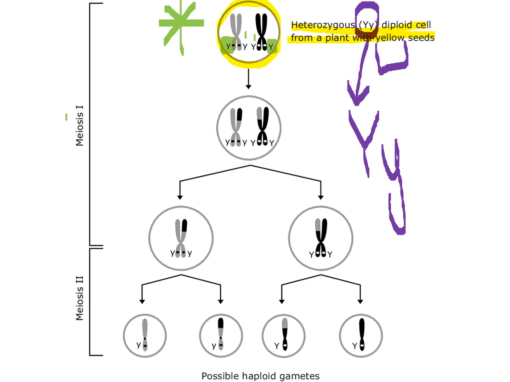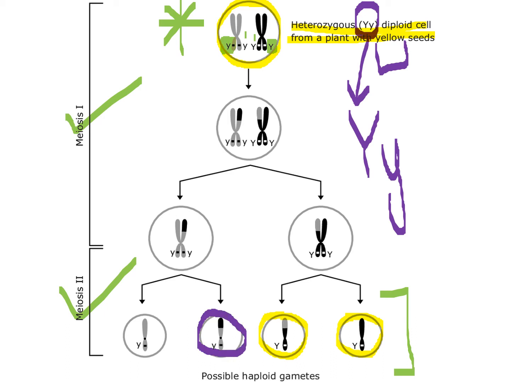But as the process of meiosis 1 and meiosis 2 takes place, your gametes will then be formed, and we can see that one gamete will have an uppercase Y, another gamete will have an uppercase Y, and another gamete will have a lowercase y, and your last gamete will have a lowercase y.